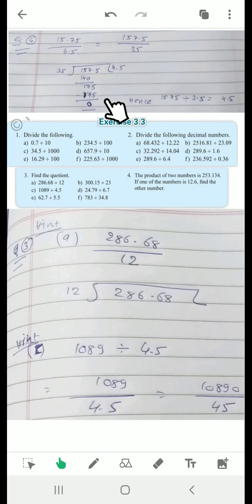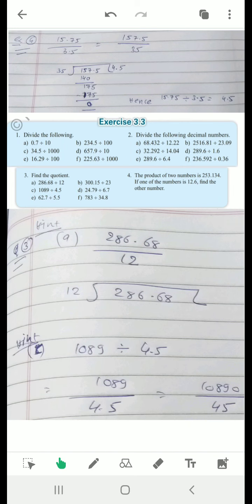One more example. Example number 4 of your textbook is 15.75 divided by 3.5. Here the number of decimal places in the numerator is 2. In the denominator it is 1. So 2 minus 1, there will be 1. So 157.5 divided by 35.